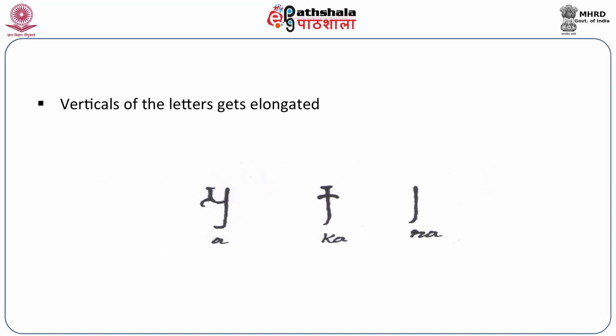Here you see on the letter A how the small head mark is seen, and the vertical stroke is lengthened and the curve is there. Similarly, in the letter Ka, you find the head mark and the horizontal stroke is taken slightly above and a curve is seen. And similarly, the Ra is also elongated with a small gentle curve.